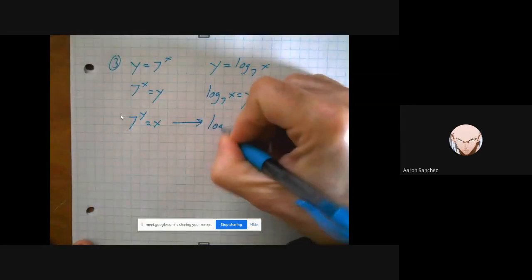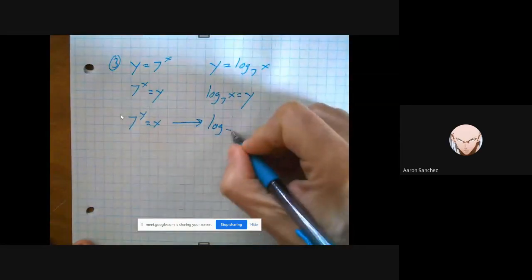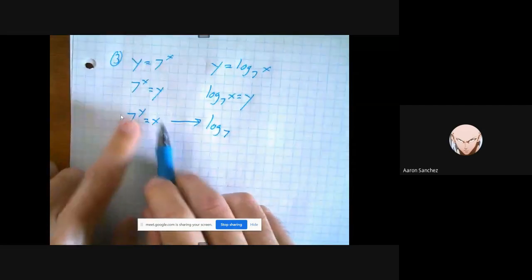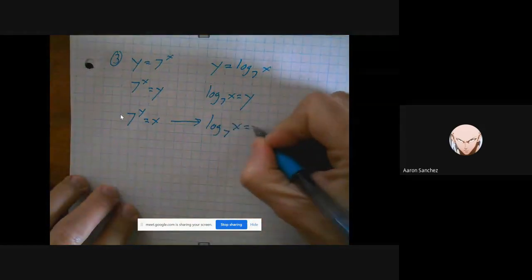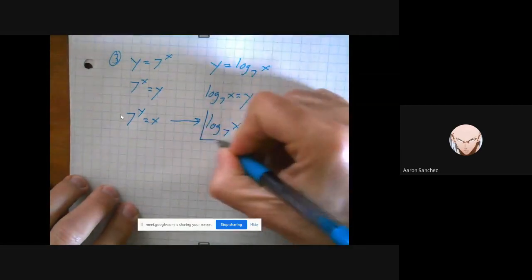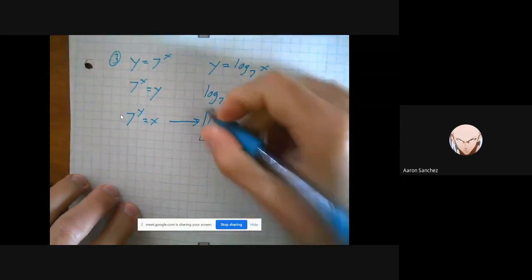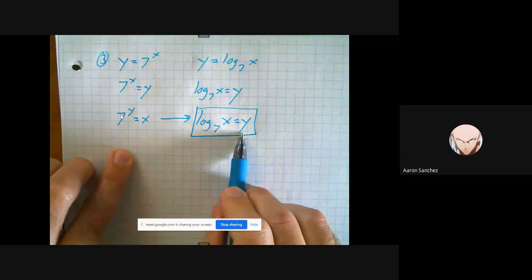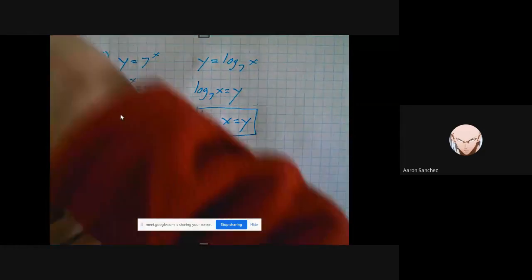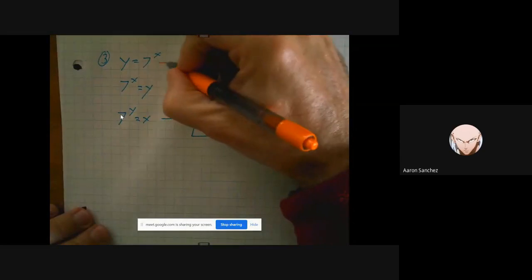Log base 7. And then switch the x and the y. And I got x equals y. So what did I do there? I switched the x and the y, and then I solved for y in log form. So guess what? These are inverses.